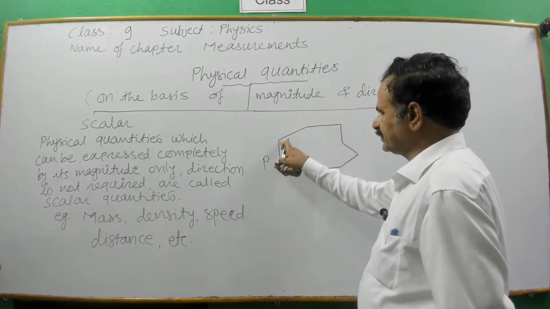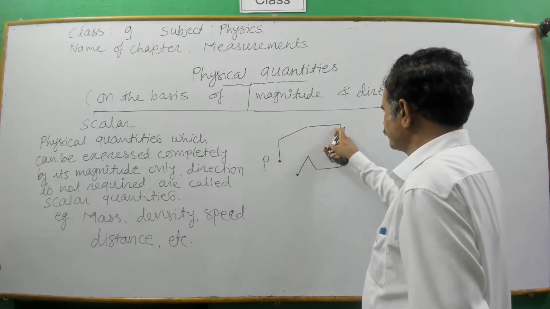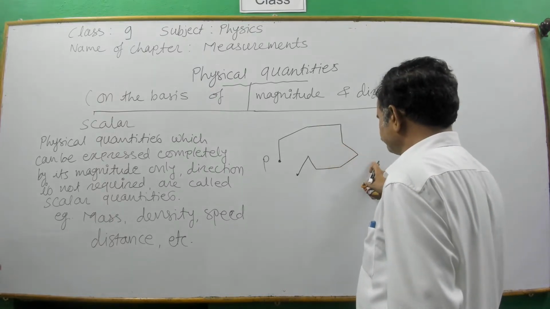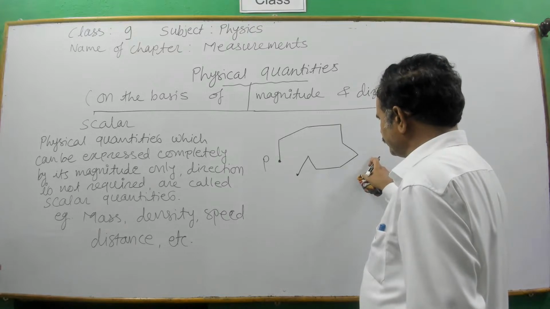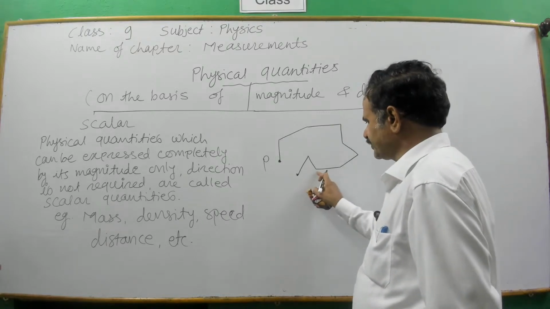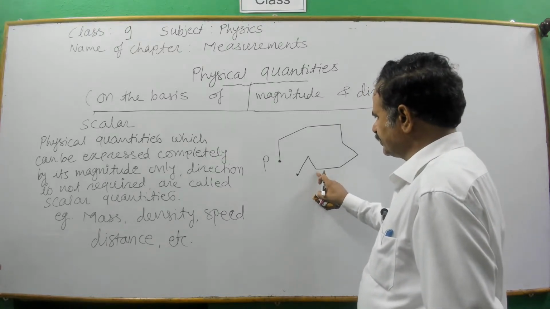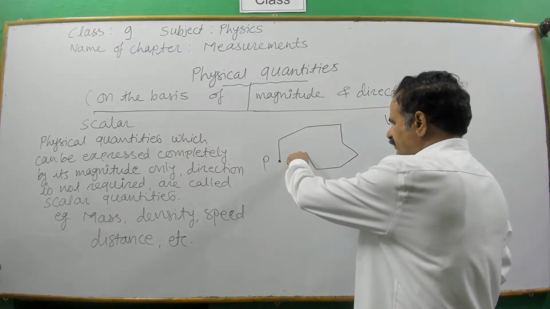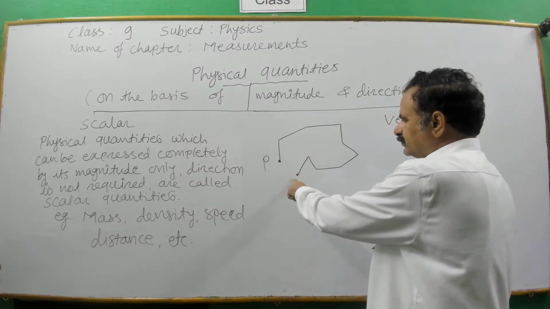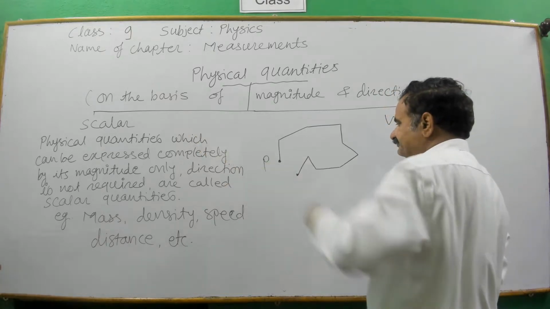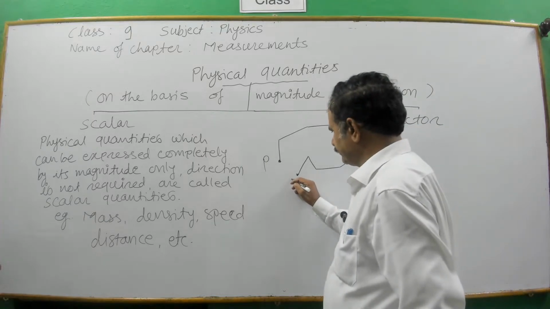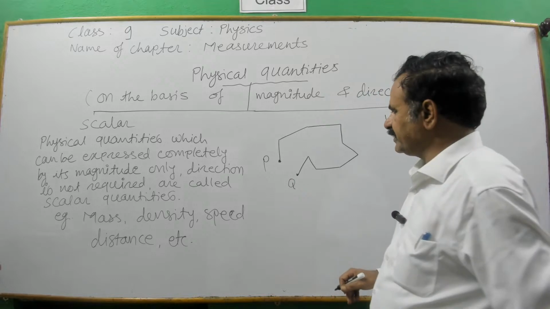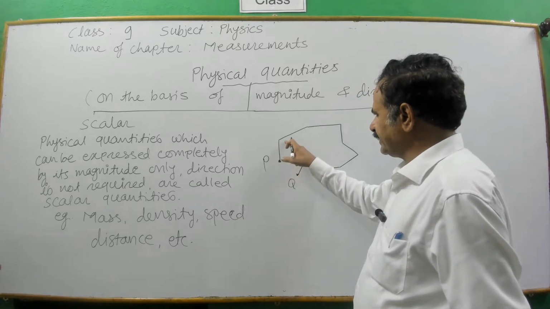How did I travel? North, northeast, east, south, then south, east, south, west, northwest, then north to west direction. This is point Q, my final position. So here, how much path did I travel?